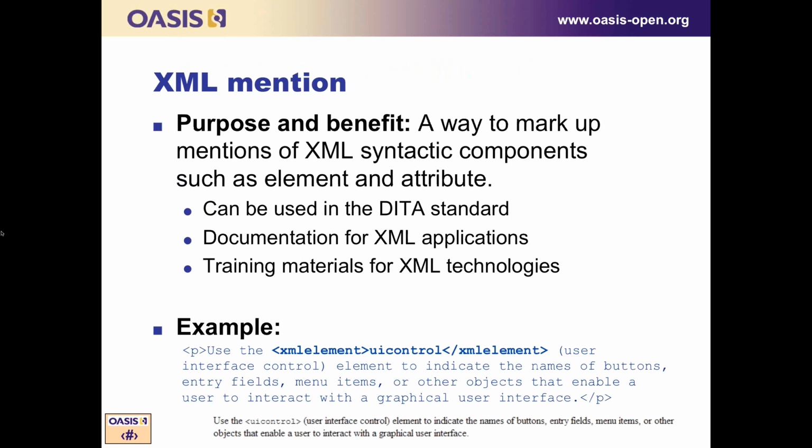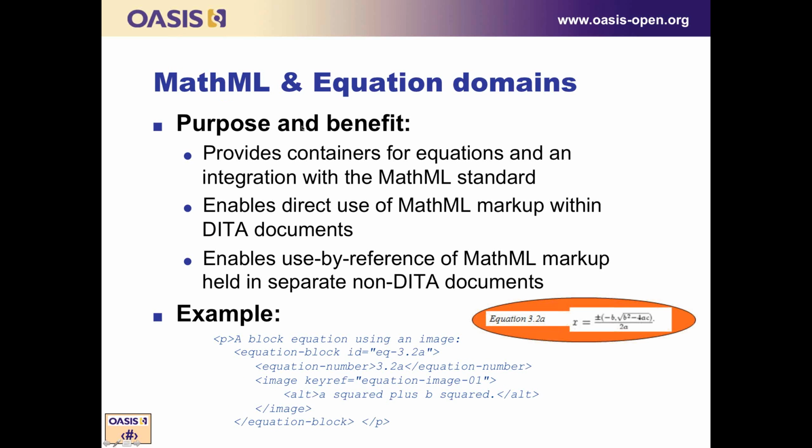If you look at the example below, that equation 3.26 is actually specified because nothing is generating it. Someone's actually given the equation that number. So we think that the MathML and equation domains will allow scientific and academic writers to use DITA in a way that's much more natural to them.